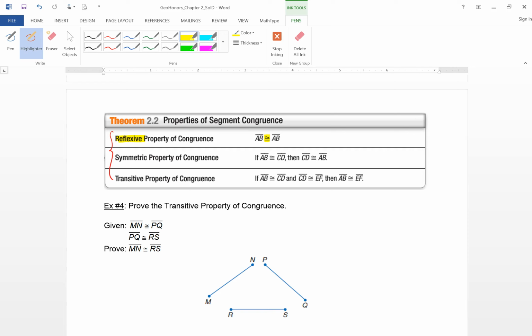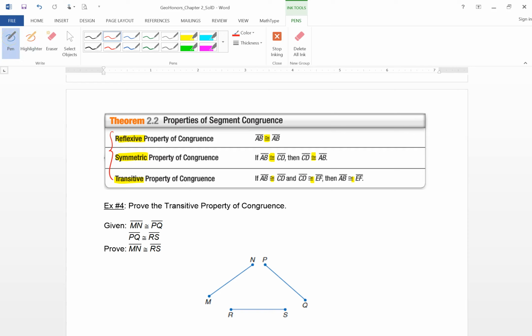Symmetric property. If AB is congruent to CD, then CD is congruent to AB. So you can flip around and it means the same thing. Transitive property of congruence. If AB is congruent to CD, CD is congruent to EF, then AB is congruent to EF.